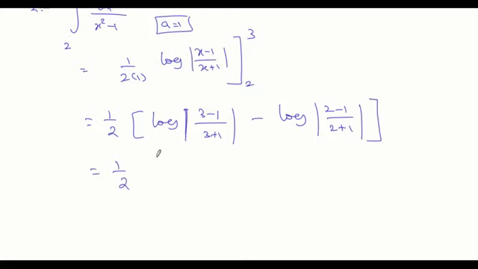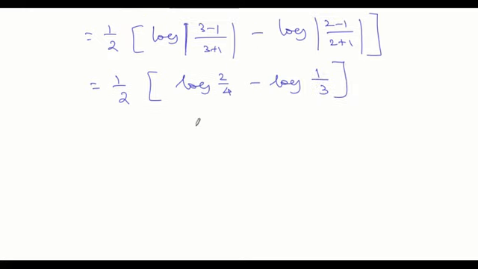So 1 by 2 into, now log of it is 2 by 4, minus log of it is 1 by 3. Children, we know the rule, no? Log a minus log b is nothing but log of a by b. You can apply that.